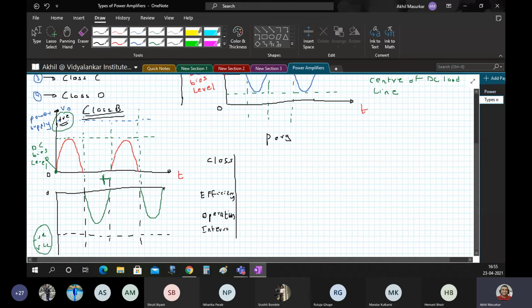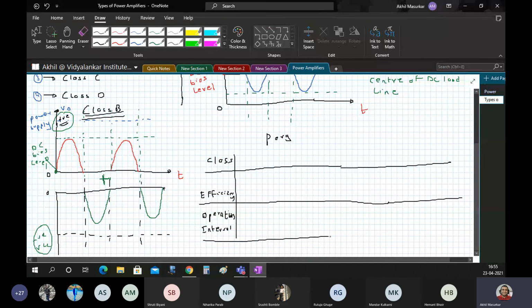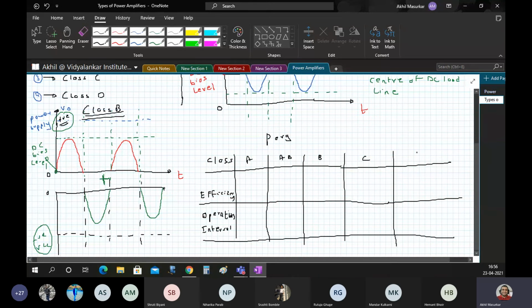Circuits we will see probably in the next class, but we have class A, then class AB, then class B, then class C, and then class D.